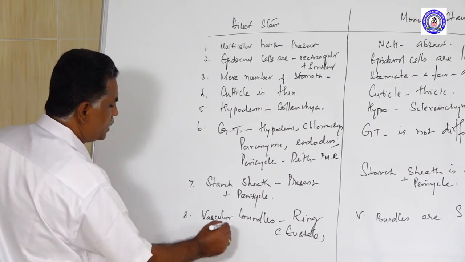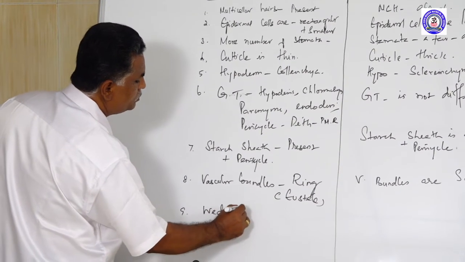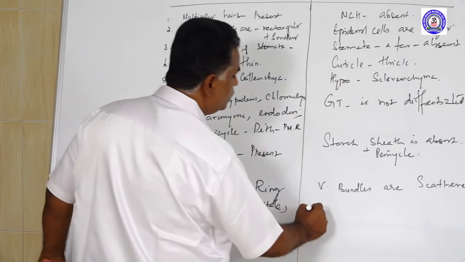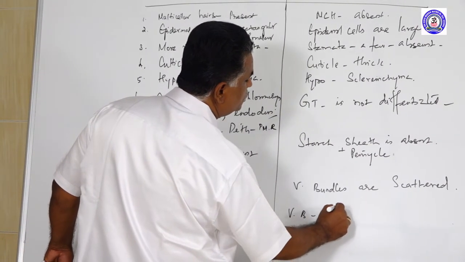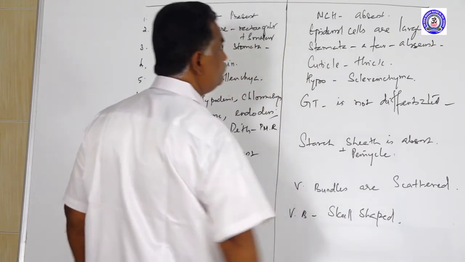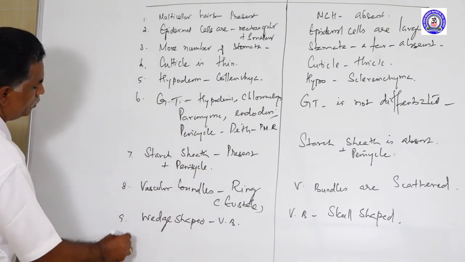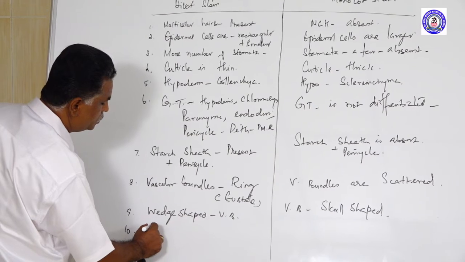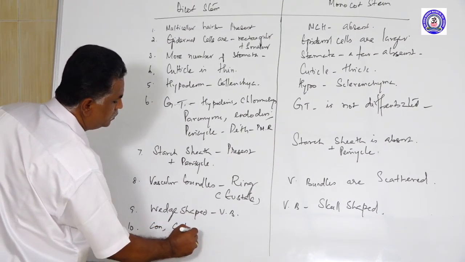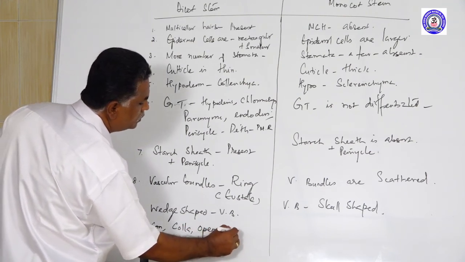And what is the shape of the vascular bundle? In dicot, wedge shaped vascular bundle. In monocot, vascular bundles are skull shaped. And the 10th point: again, in dicot, vascular bundles are conjoint, collateral, open, and the xylem is endarch.